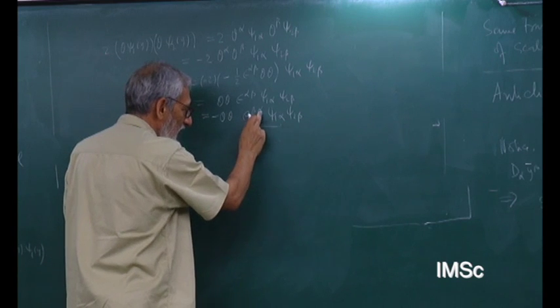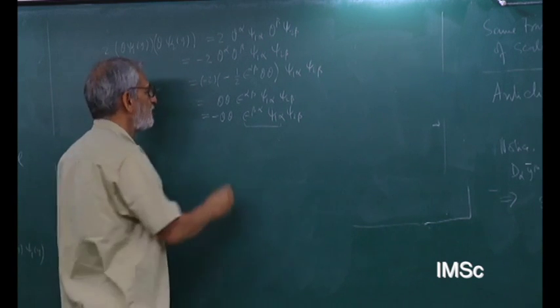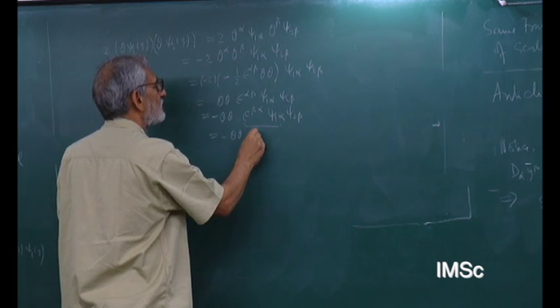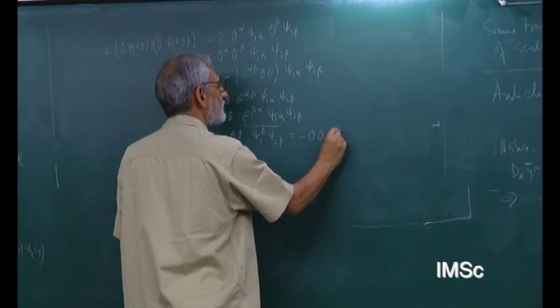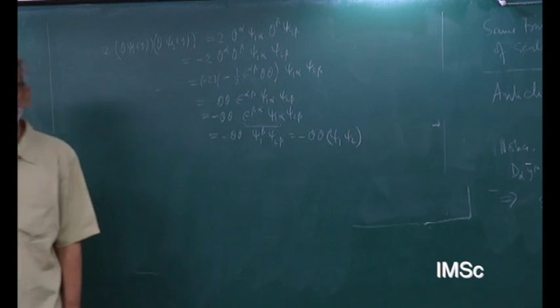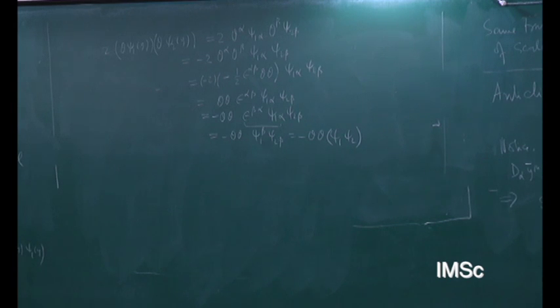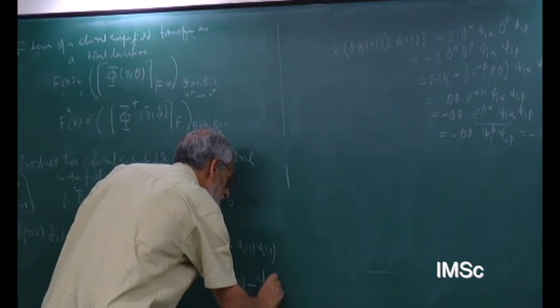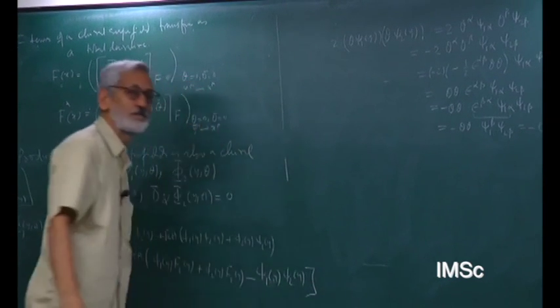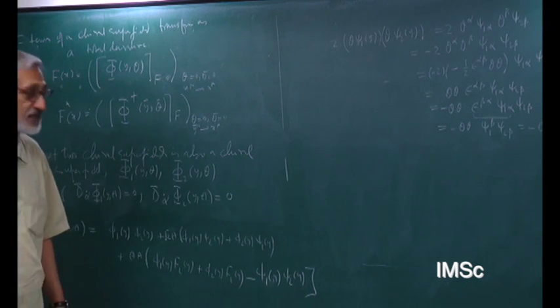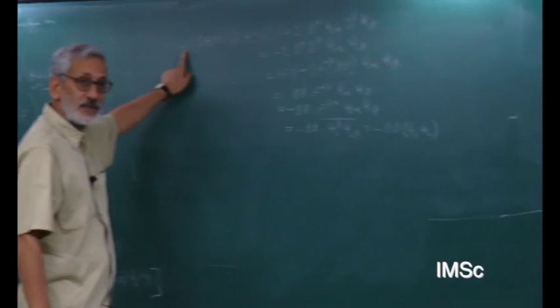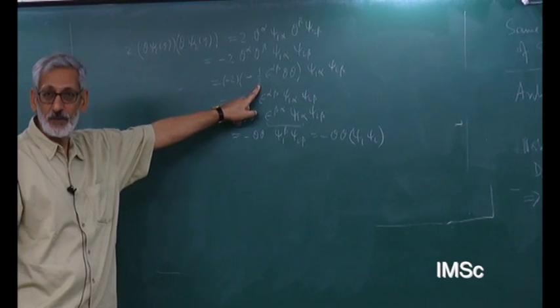Now by this definition, alpha contracted here, this raises the index, that gets killed by this half here. All right.